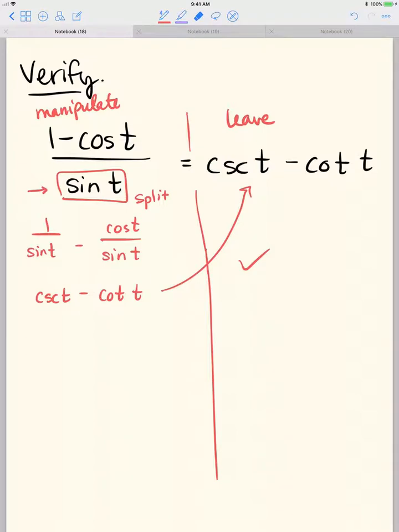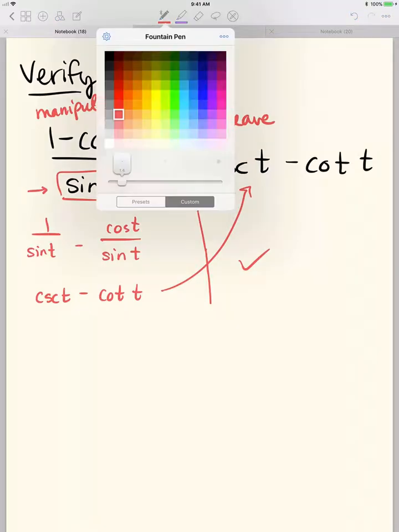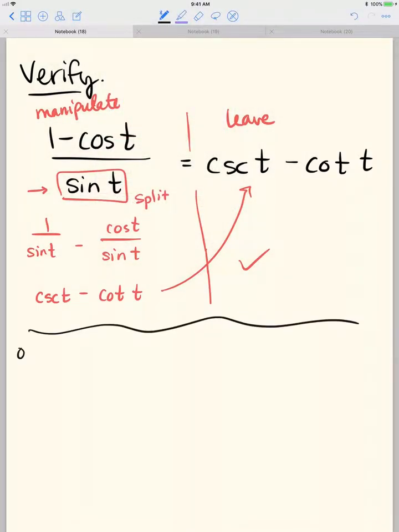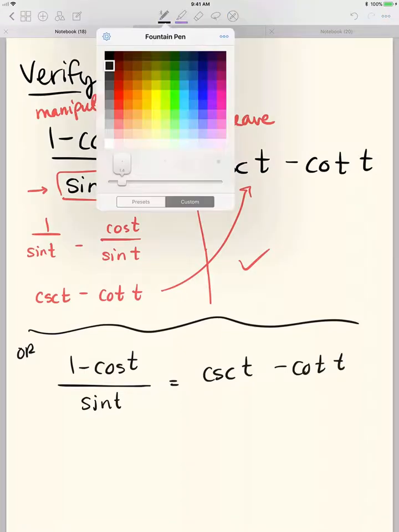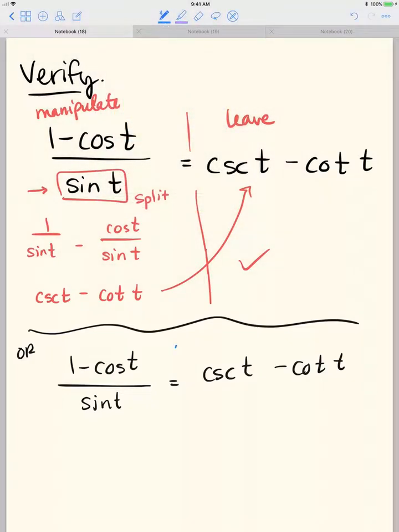Okay? The other direction, just to show you, had you chosen the other way, if you wanted to manipulate the right side, you certainly could have. I don't know for this one if one is better than the other, but if I rewrite cosecant, that's 1 over sine. If I rewrite cotangent, that's cosine over sine.